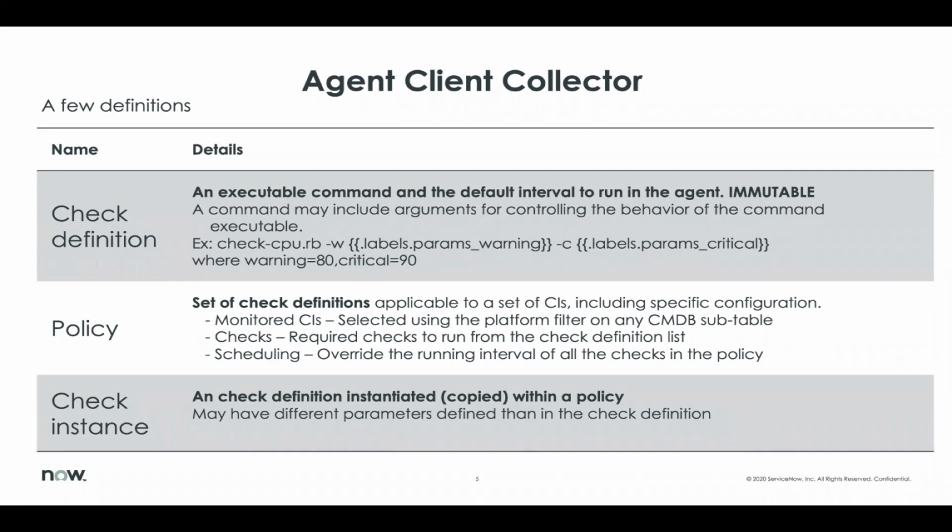When a policy is rolled out, you'll have what's called a check instance. This is an instantiation of one of these check definitions that's running on a particular agent. Once a check is running on an agent, it's an instance, and you can modify the parameters for that particular check instance for that agent. So you could have different agents running different kinds of checks for different reasons.